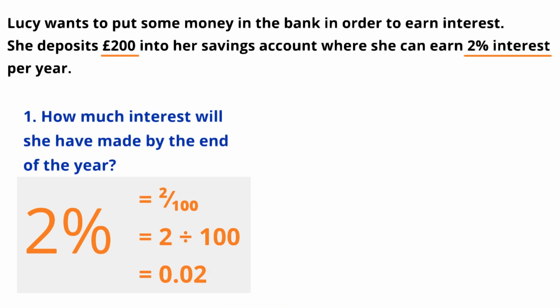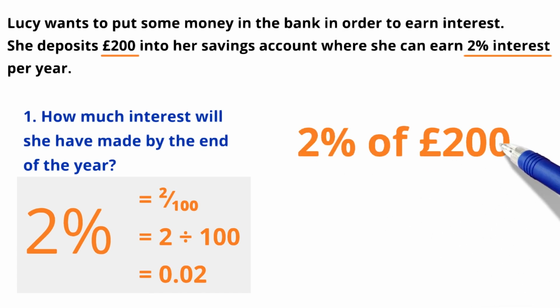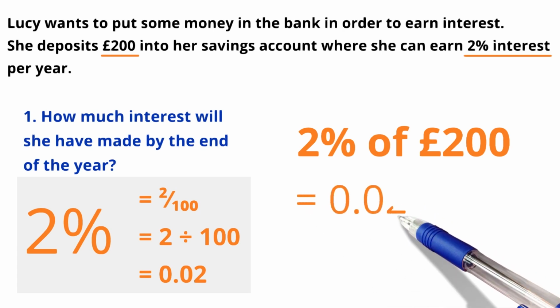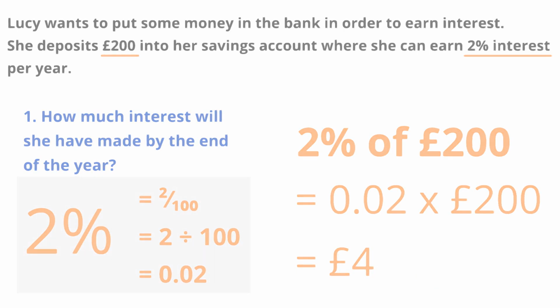As Lucy earns 2% interest on her deposit of £200, we need to find 2% of £200. So we calculate 0.02 times £200, which equals £4. Remember that you can use your calculator for this.